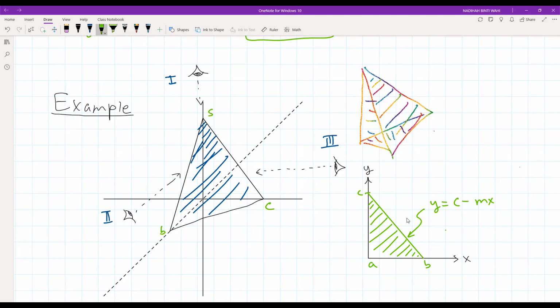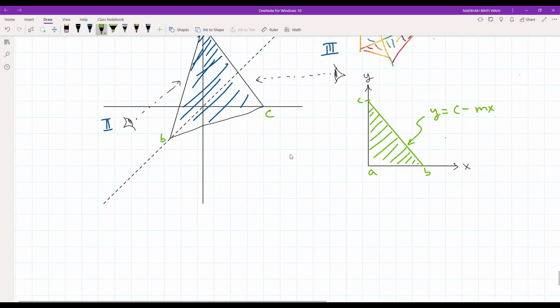Okay, so in this case, if you go onto another view, let's say the YZ plane, this is the Z axis, and this is the Y axis. It also forms a triangle.